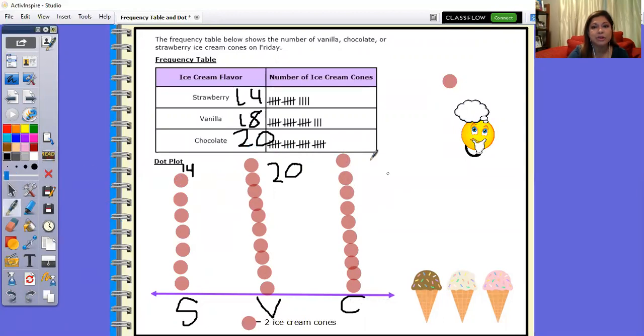Can anyone tell what mistake I made? Yes? You over there? What mistake did I make? Let me count these over again. 2, 4, 6, 8, 10, 12, 14, 16, 18. You're right. So what I should do here is go back and fix it. The good thing about math is that whenever you see a problem, you can fix it.